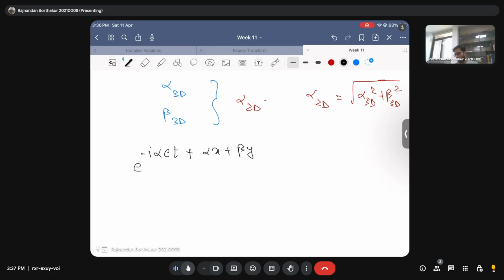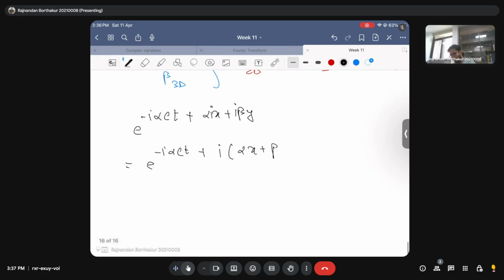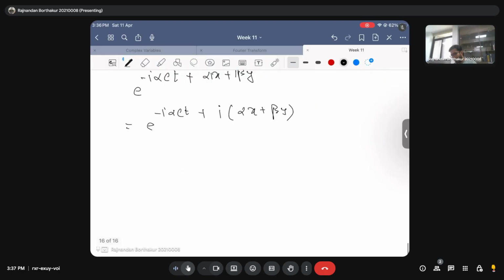Now what I can do is write this as e power minus alpha ct, that's fine. There is an i here, remember. It is i alpha x plus i beta y. So I can write it as i times alpha x plus beta y. I hope this is fine. If I concentrate on this term, alpha x plus beta y, this is important, try to understand.